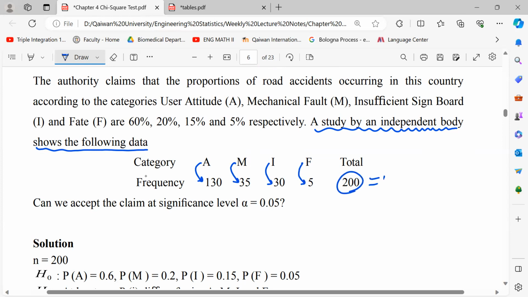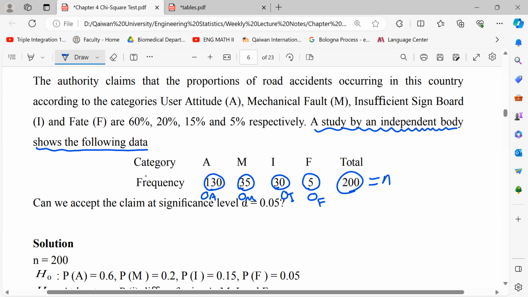This is N, N is 200. These values which are given, what are these frequencies? They are the observed frequencies: OA, OM, OI, and OF.